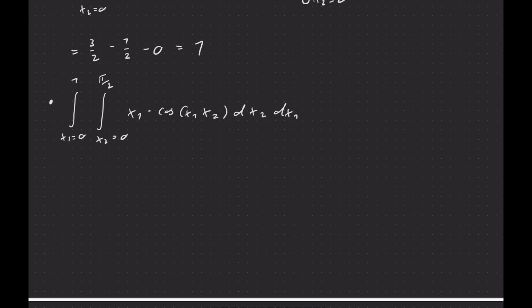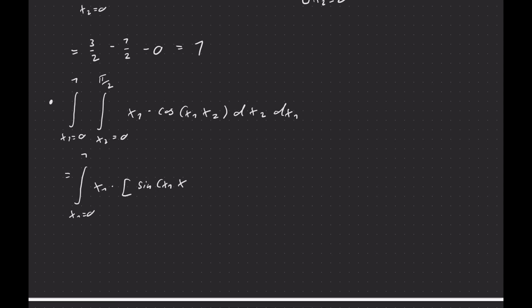So for the inner integration, the reason why I chose that is the x2 variable only appears once here in the cosine function. So this can be regarded as a simple constant for the integration with respect to x2. So if we integrate that with respect to x2, we get this x1 constant, and then we need to integrate the cosine. The integral of the cosine should be a sine expression.